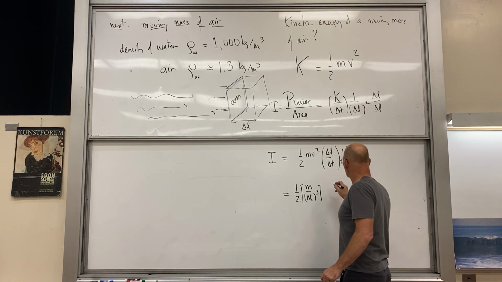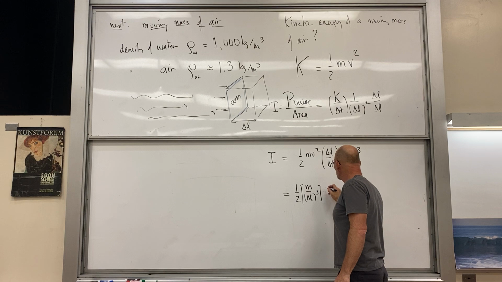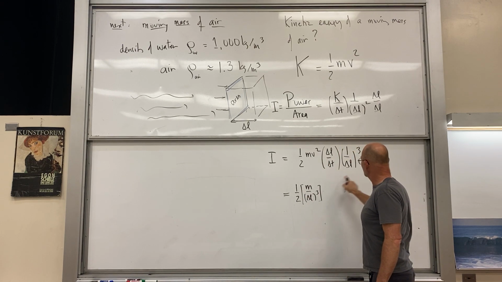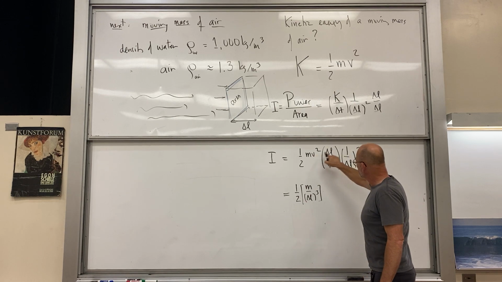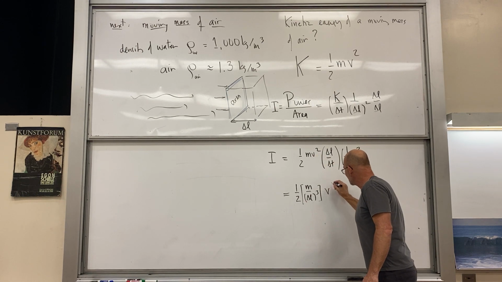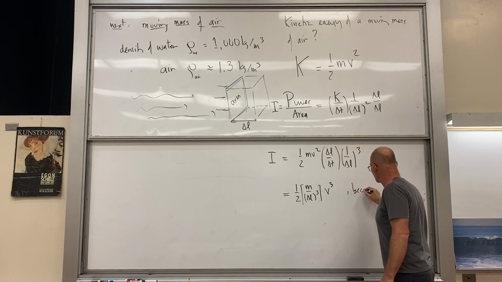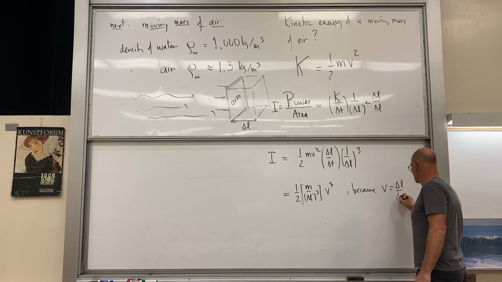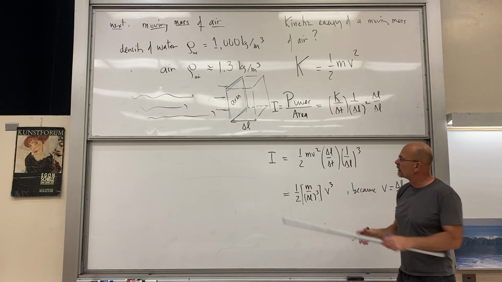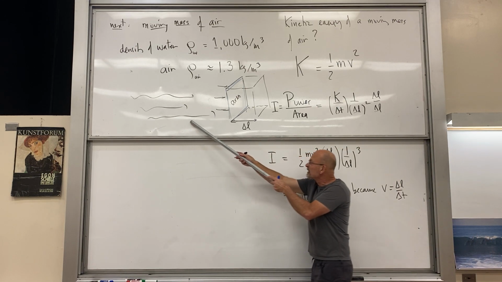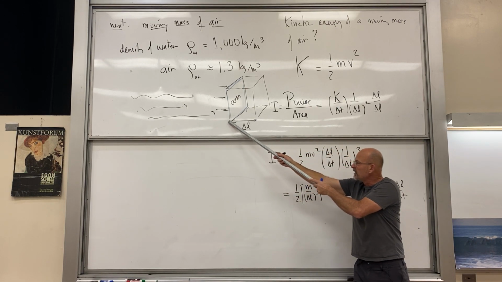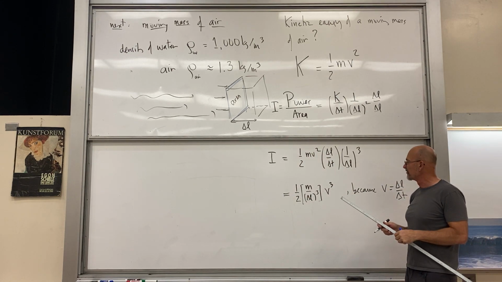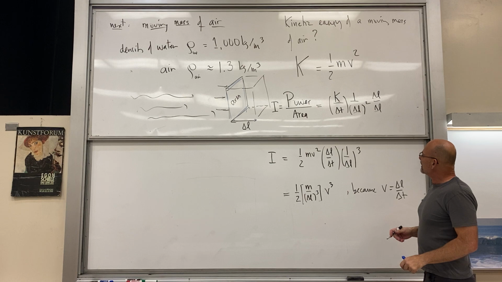So I end up with v cubed. 1/2 m over delta L cubed, v squared times v is v cubed. I'll write this out for you because v is equal to delta L over delta T, because if the wind is coming through this box, it's going the length delta L in the time delta T.